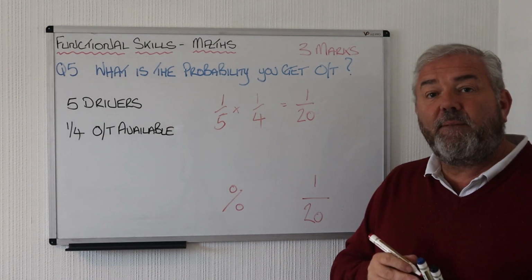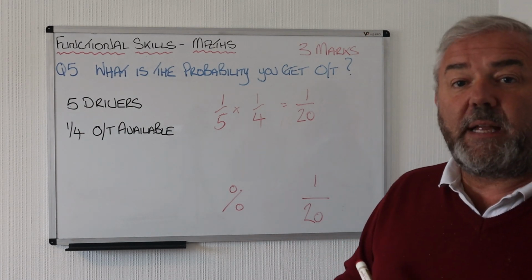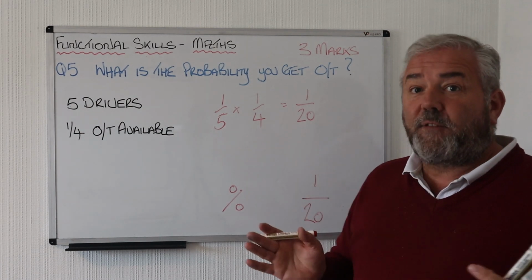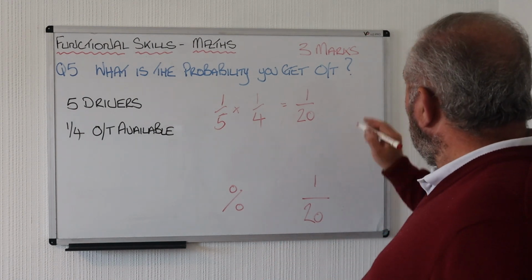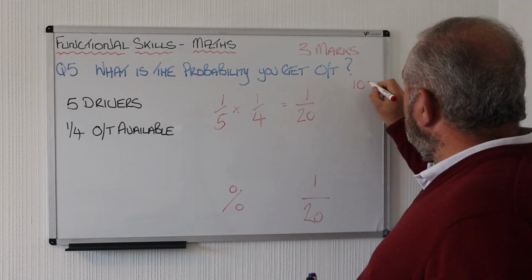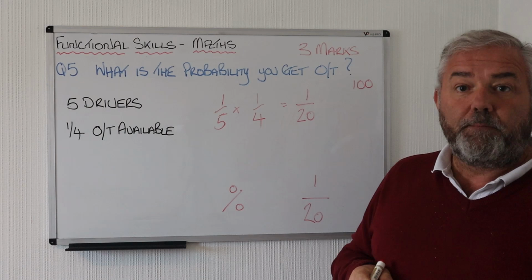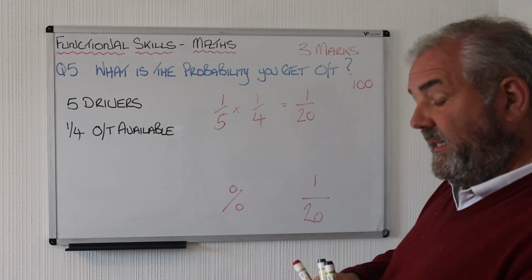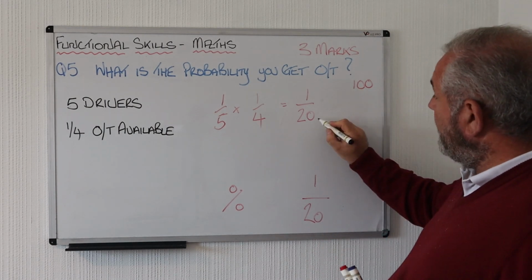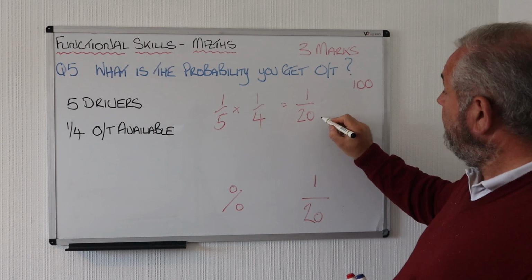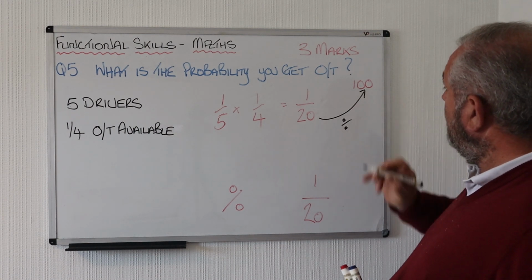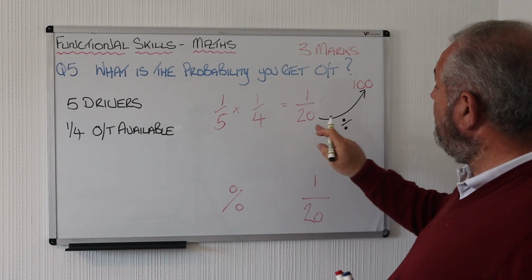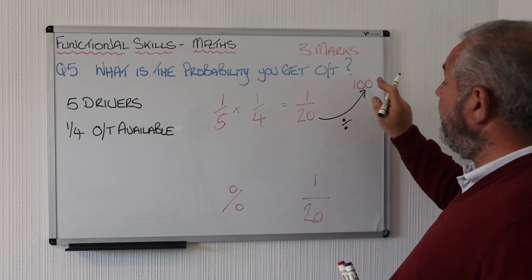Now, how do we convert that into a percentage? With any fraction, to put it into a percentage, this is the route I take. We all know that percentages are marked out of 100. I take the bottom number, the denominator of the fraction, and divide it into 100. How many times does 20 fit into 100?